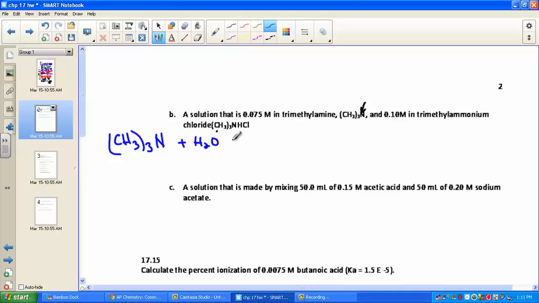When it undergoes hydrolysis, it sets up an equilibrium, forming its conjugate acid, CH3 taken 3 times, with the extra proton added on to the nitrogen, leaving the solution basic, OH negative. The original concentration of our base is 0.075.